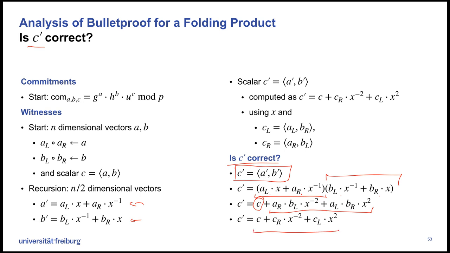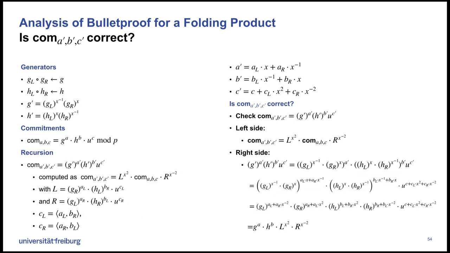And then you get exactly the new value C for the next round, which is not published, of course. So this is secret. That's what the prover has to do, and it also shows that the prover has to know everything.